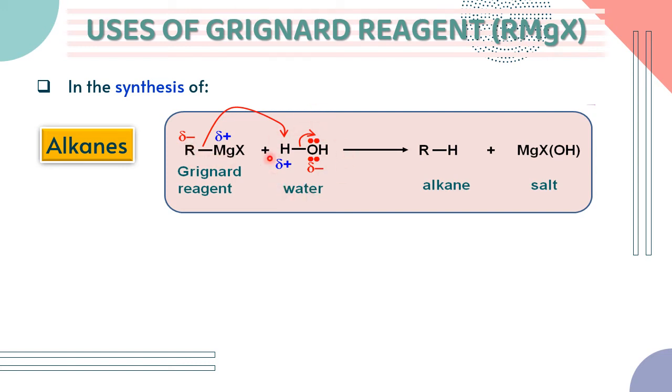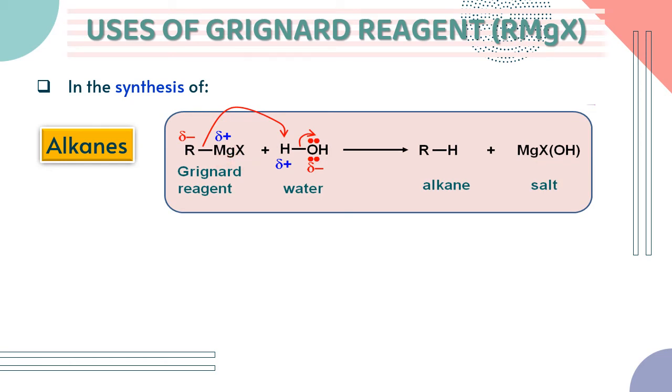From the water itself, you will have a nucleophilic site and an electrophilic site. So this bond will break, and it will take the hydrogen over here. Then OH will also break. So that's why over here R will be bonded to hydrogen. So you will get your alkane, and then the rest, the salt MgX.